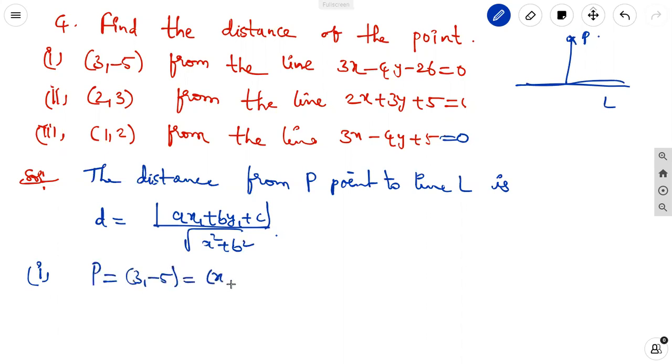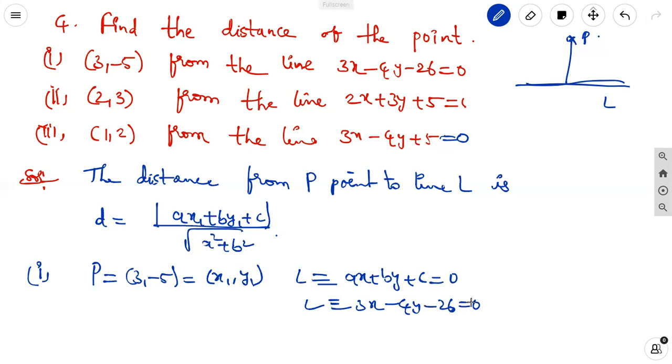The point P is equal to 3 comma minus 5, that is x1 comma y1. And the straight line L is represented as ax plus by plus c equal to 0, that is 3x minus 4y minus 26 equal to 0.